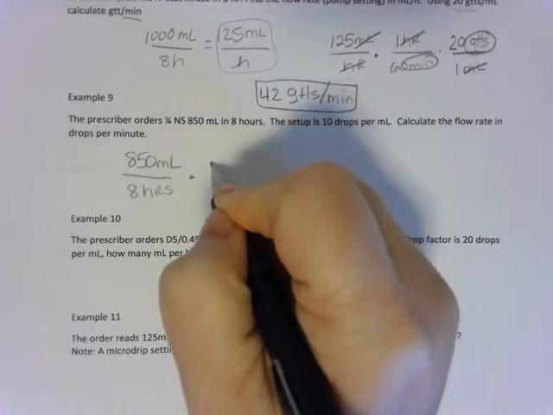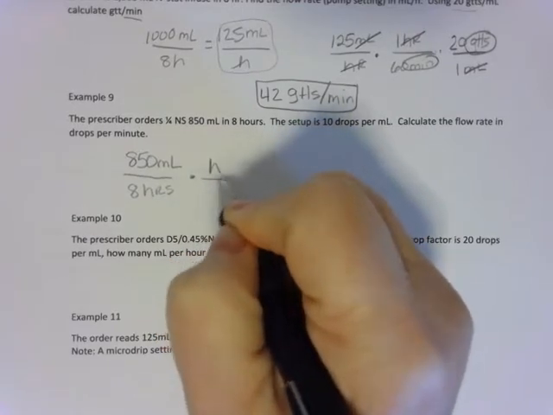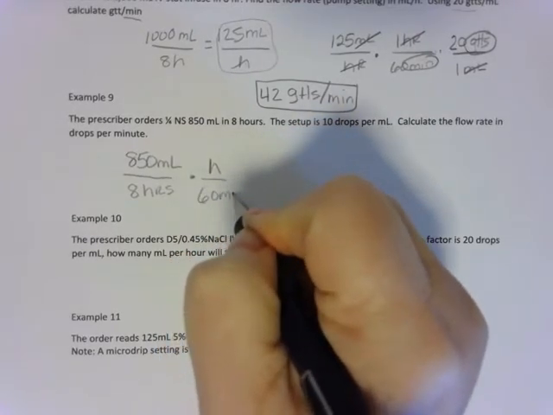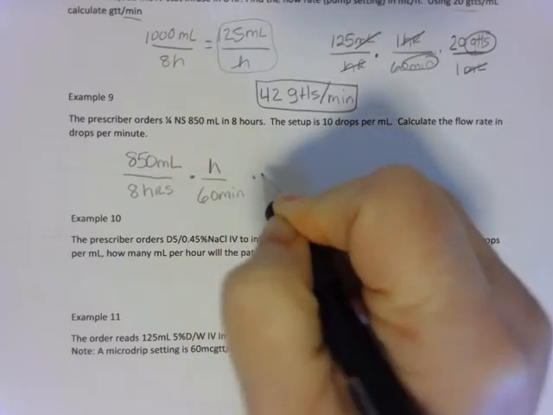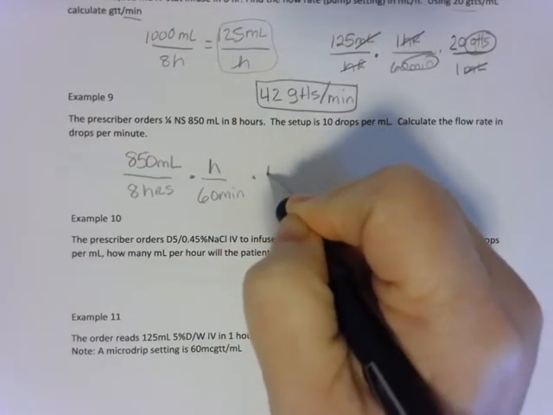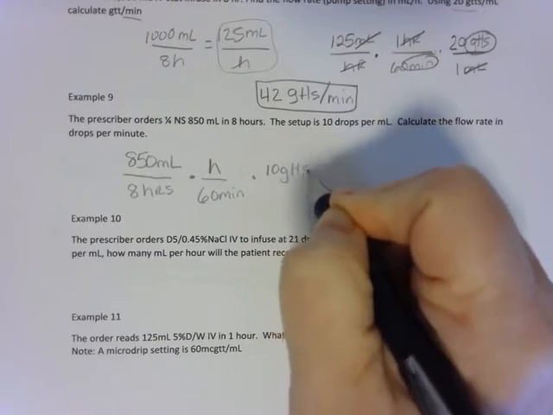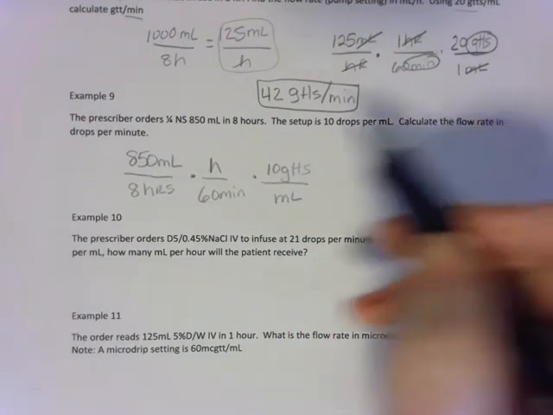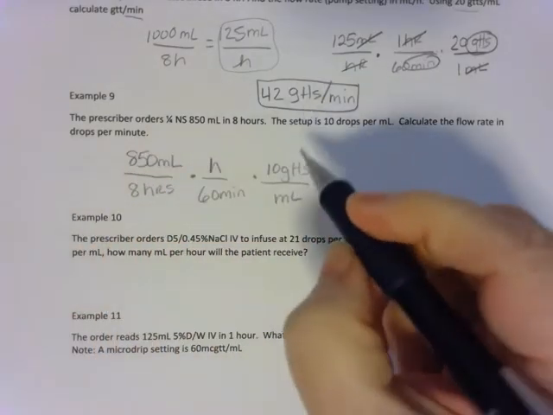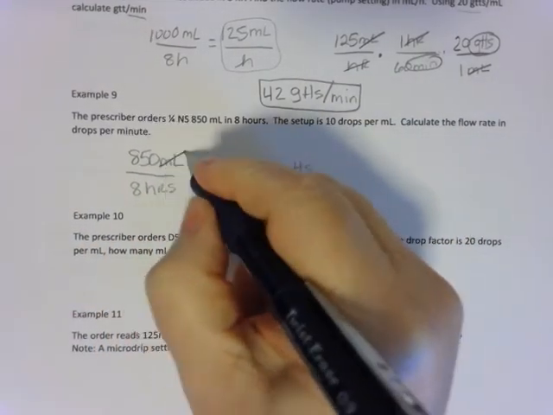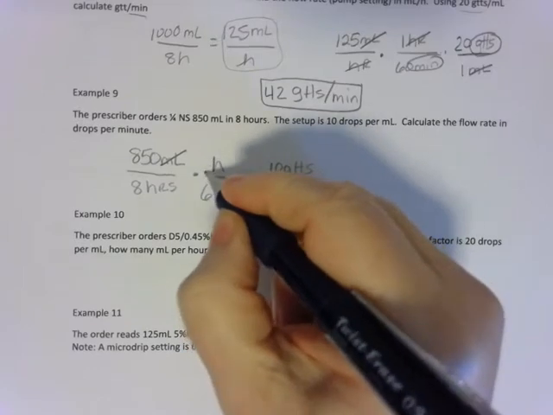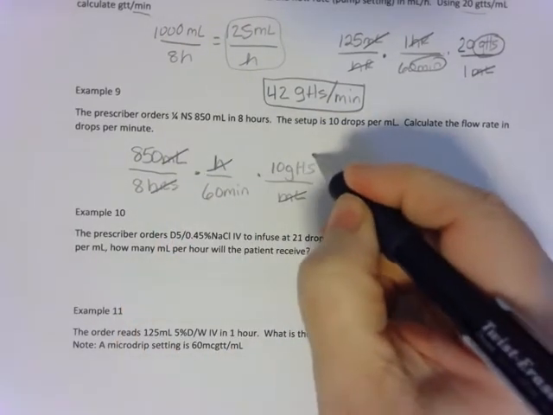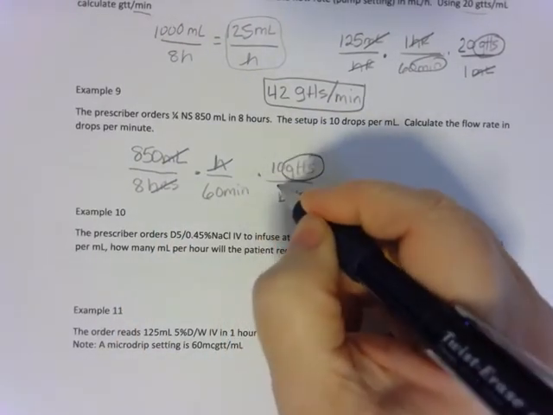So we have 1 hour, 60 minutes, and then we have 10 drops per ml. And we're calculating in drops per minute. So do we have drops per minute? We have drops per minute.